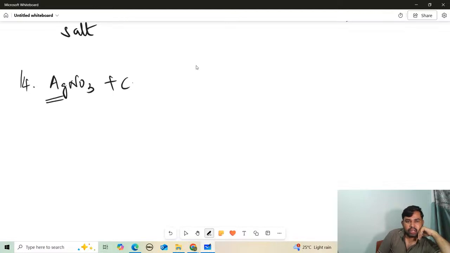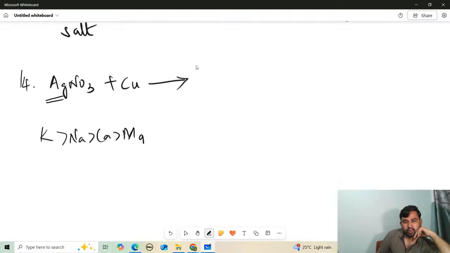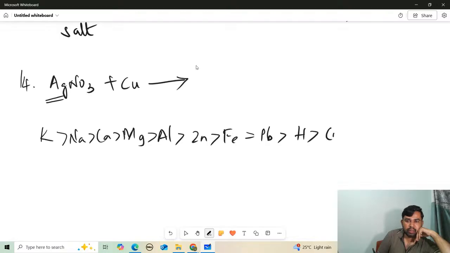They are using copper because, when we look at the reactivity series, we know very well potassium is more reactive than sodium, then calcium, magnesium, aluminium, zinc, iron, lead, then hydrogen, then copper, then mercury, then silver, and then gold.